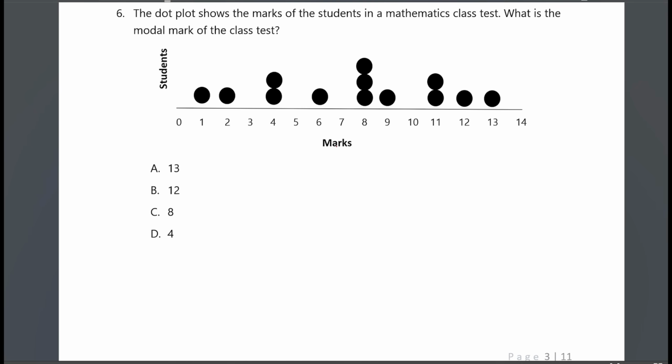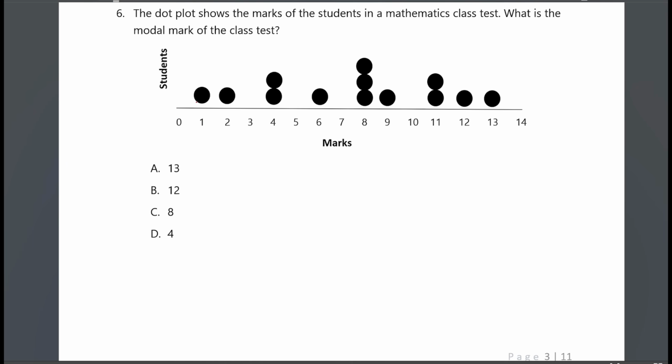So these are the scores or the marks that we expect students to get in the class test. And then the dot here is telling us the number of students. So you could see that for a score of 0, there is no dot there, meaning that no student had a score of 0.